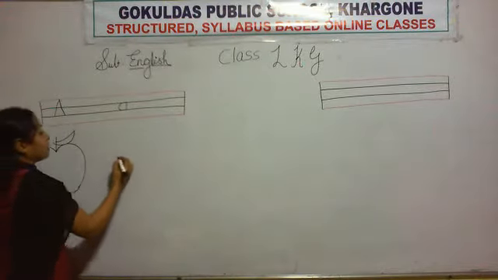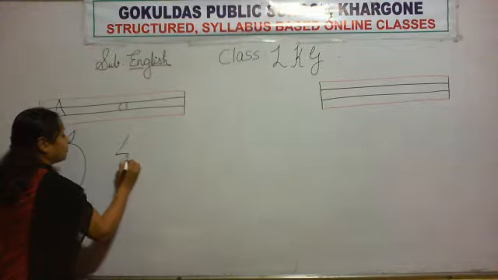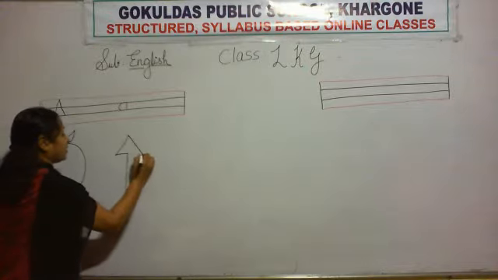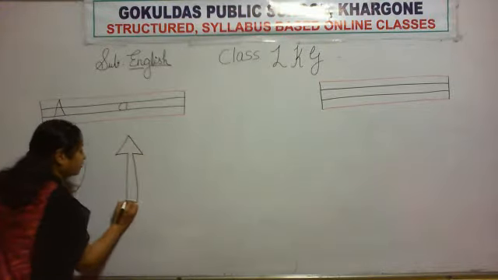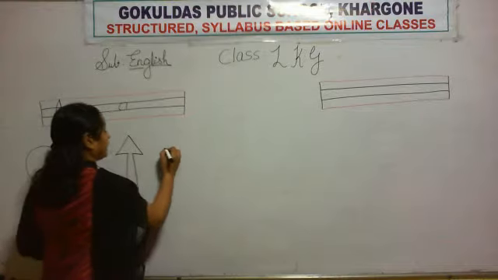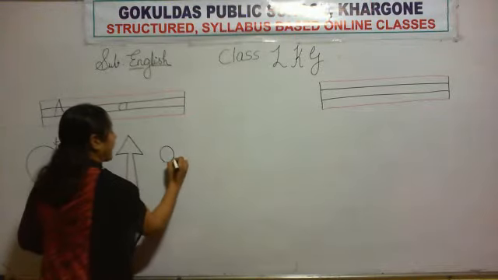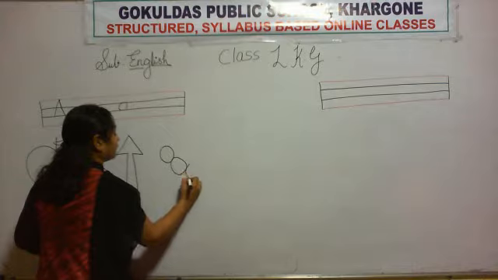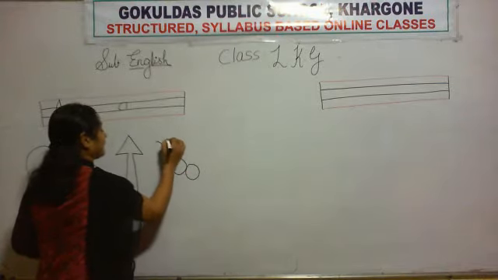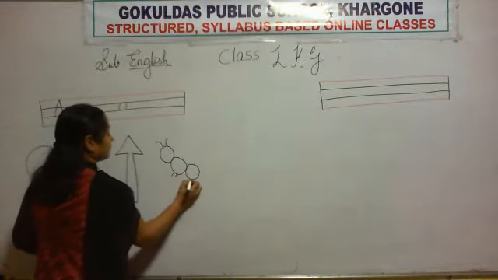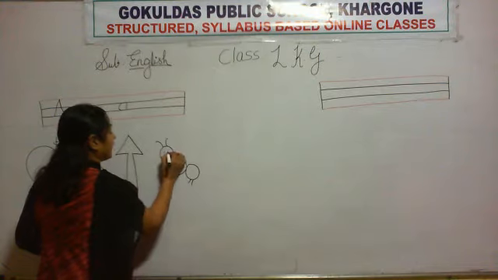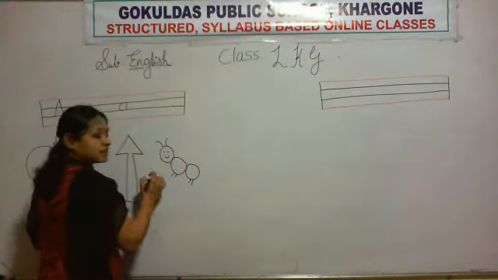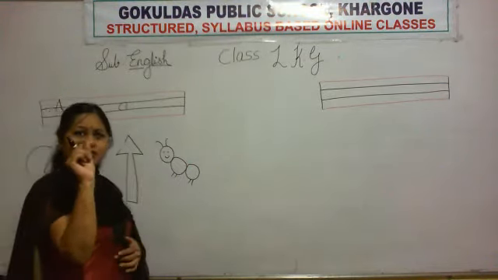A for arrow. A for ant. You have seen an ant, and it's very small.